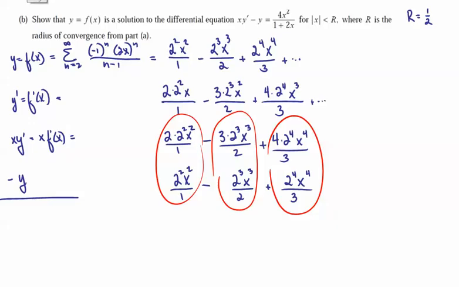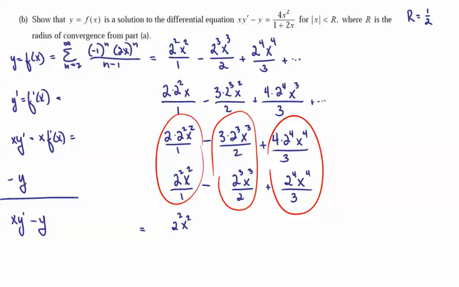And so we end up with x y prime minus y: we have 2 squared x squared over 1 minus 1 times 2 squared x squared over 1, so we're left with just 2 squared x squared.